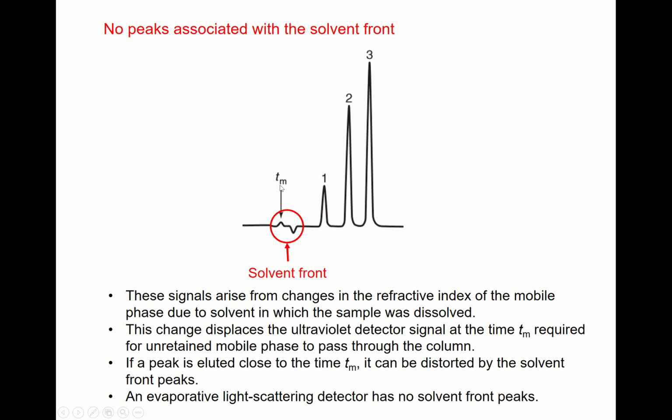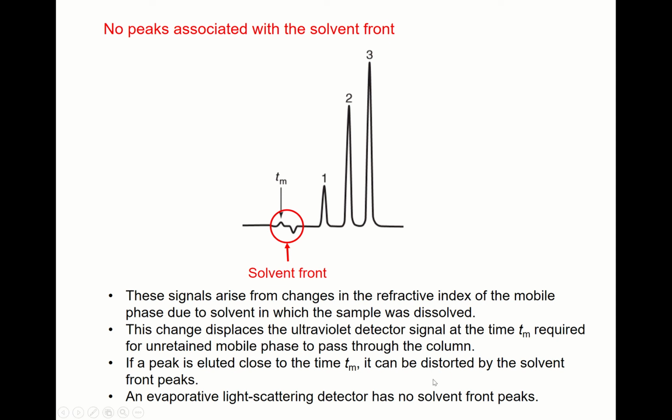This first one is Tm, the non-retained peak. But why is there a peak going down? This is called the solvent front.